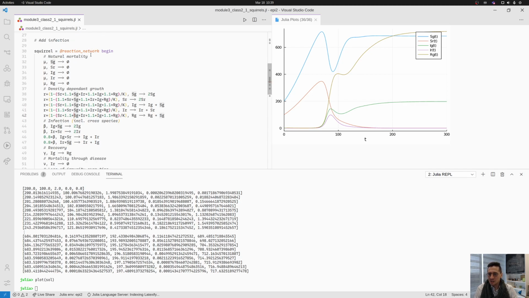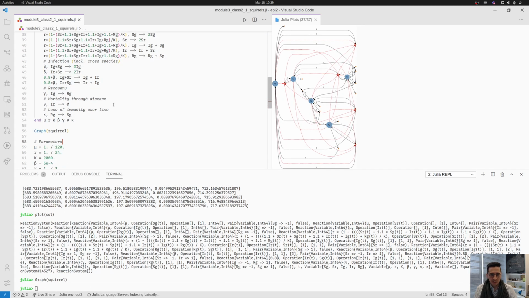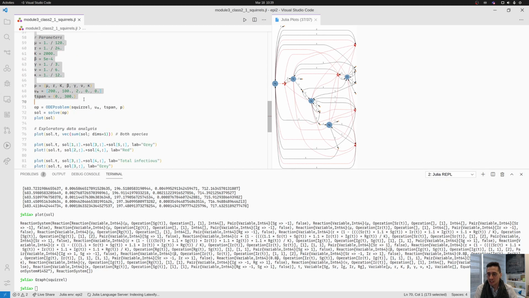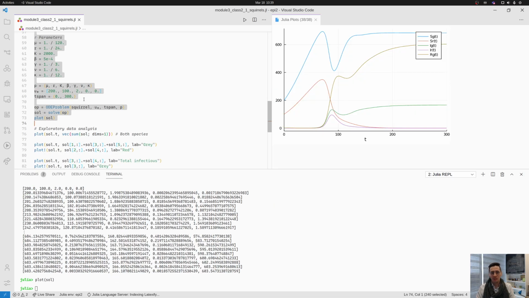Okay, so let's run this. Still the same graph. We hadn't changed the reaction of our model, but now we have a little bit more intraspecific competition. So there should be more coexistence. More coexistence leads to higher population size. Higher population size in turn leads to easier transmission of the disease, and we can see that it's changing the dynamic.